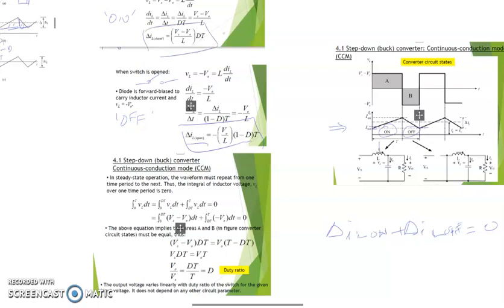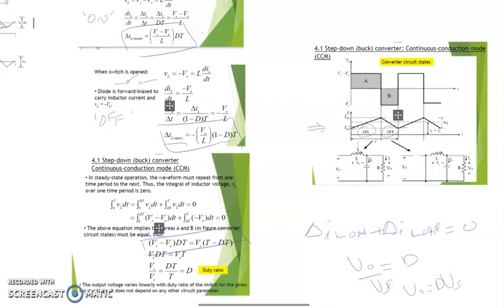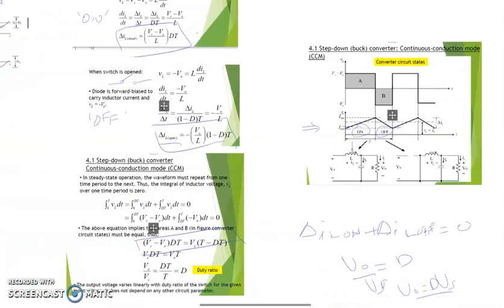So when you solve the equation, you will see that V0 divided by Vs is equal to dT divided by T, equal to D. Means that V0 divided by Vs equals D, or Vout equals D times Vs. So V0 equals D times Vs. So it means we are able to determine how much Vout we require just by adjusting the duty cycle compared to the V source.